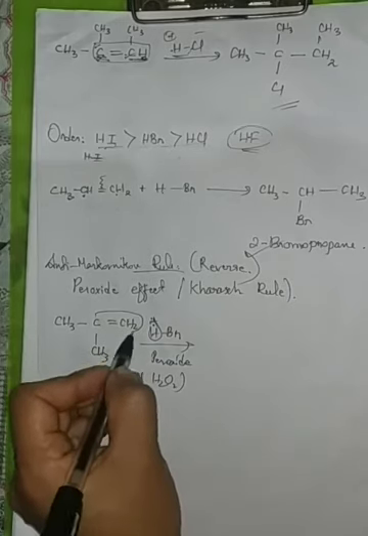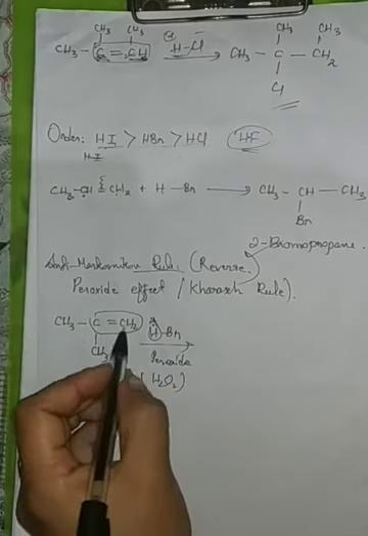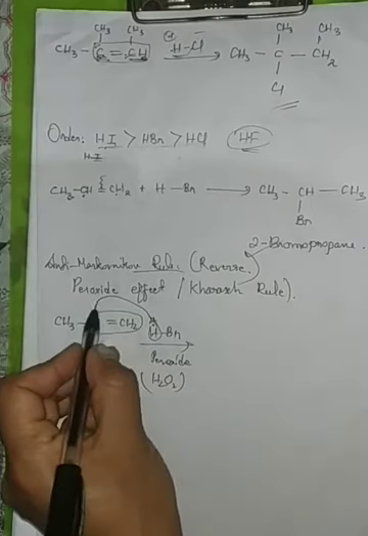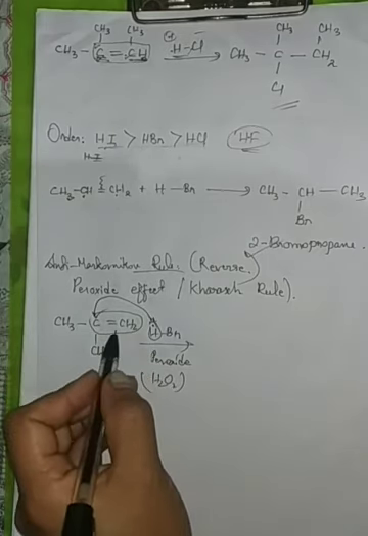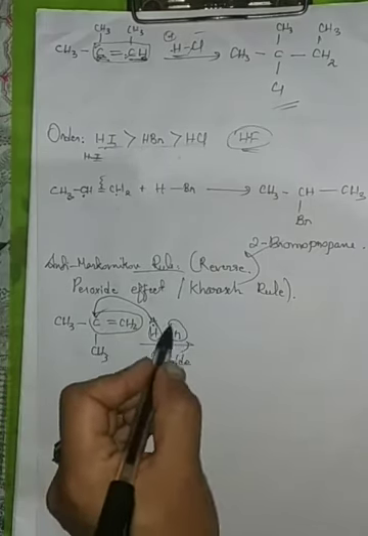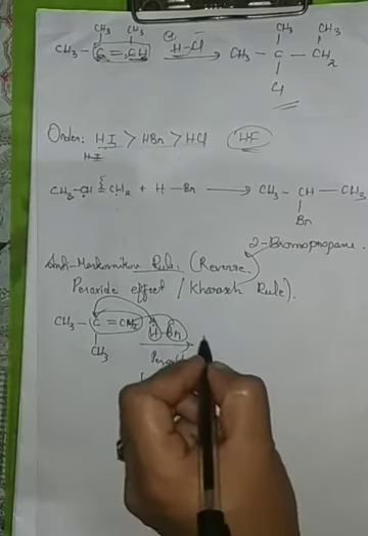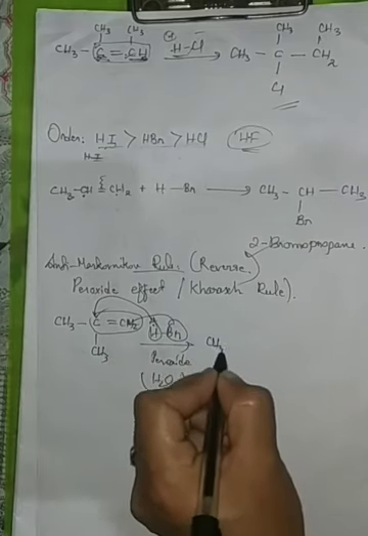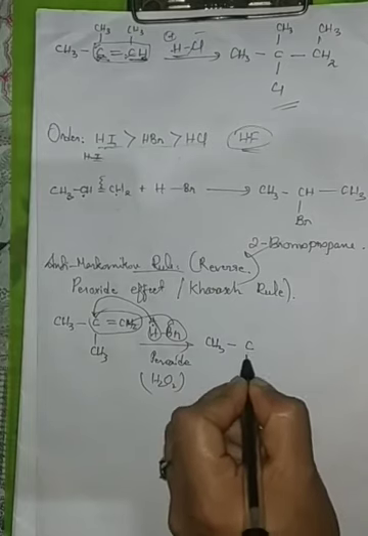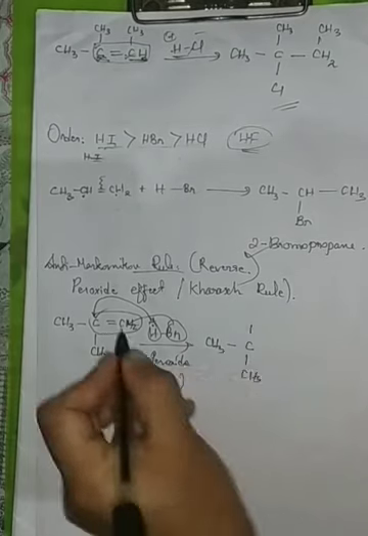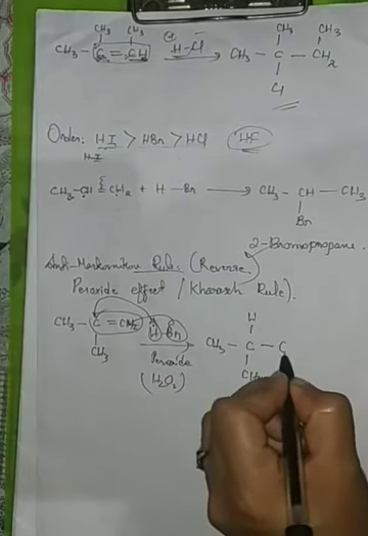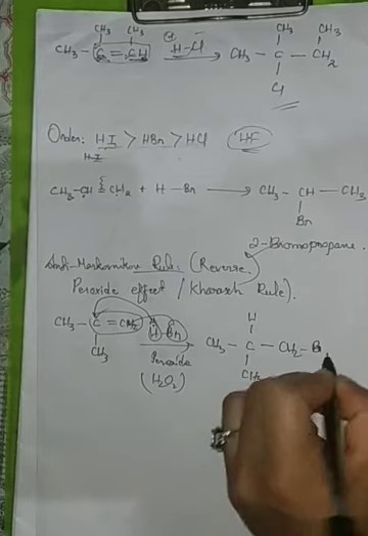If we consider this is the alkene group, the hydrogen atom would attack the carbon atom with the least number of hydrogen atoms, and then our Br minus would come and attack this carbon. Therefore, our product here will be CH3 C. We have our CH3, the H would come and attack here, and then CH2, and then Br.